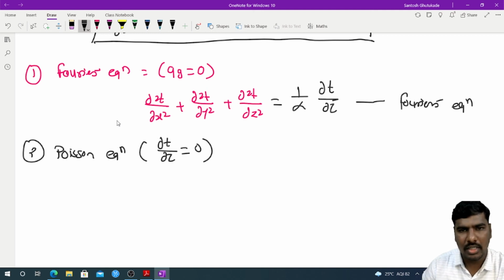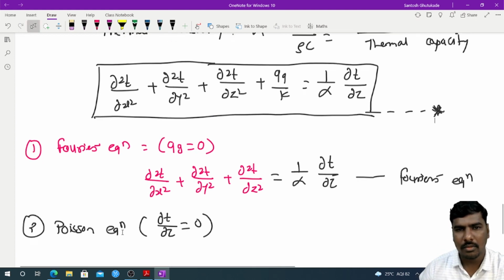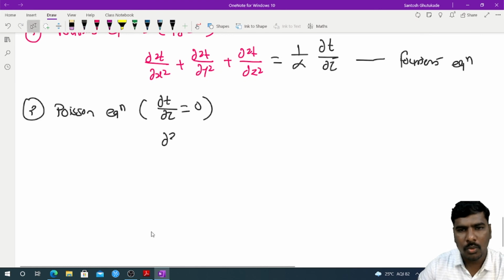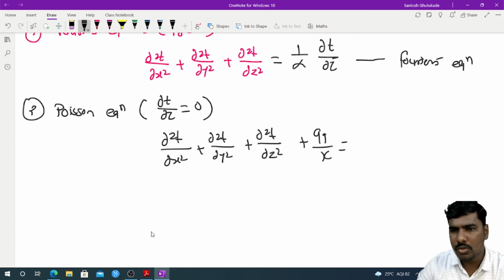So in this final equation we assume the ∂T/∂tau term is equal to 0, and the equation becomes ∂²T/∂x² plus ∂²T/∂y² plus ∂²T/∂z² plus qg by k is equal to 0. So this is Poisson's equation.